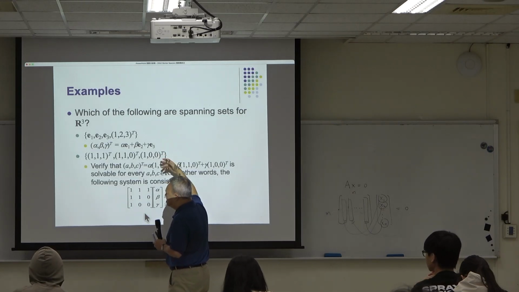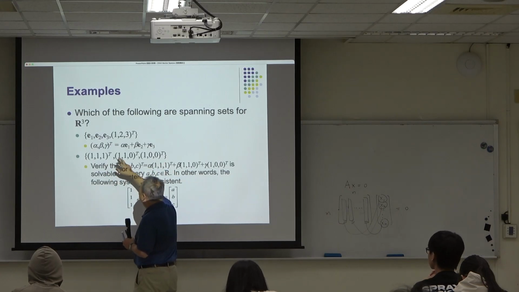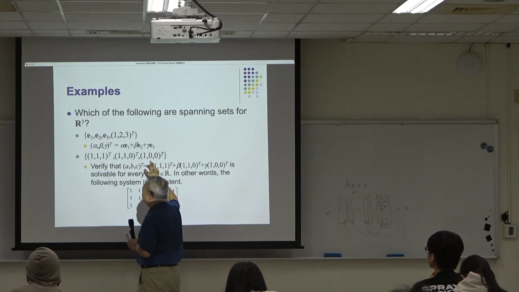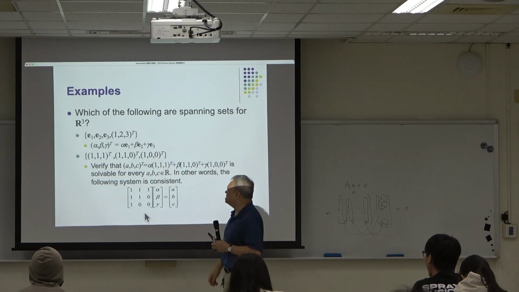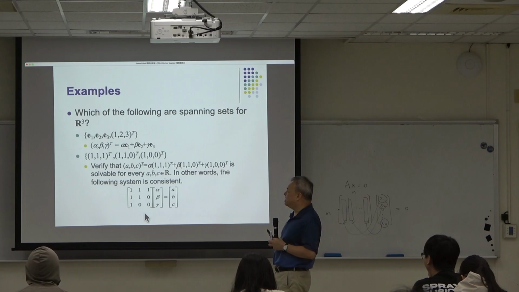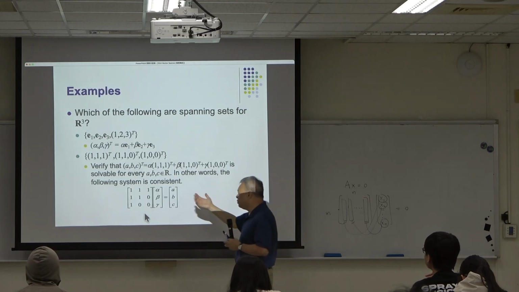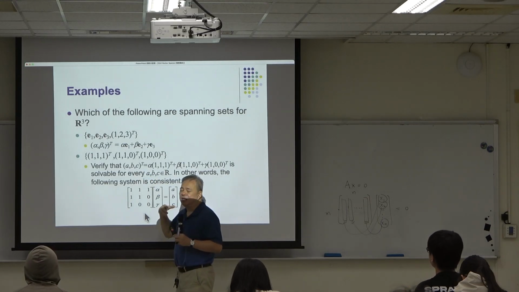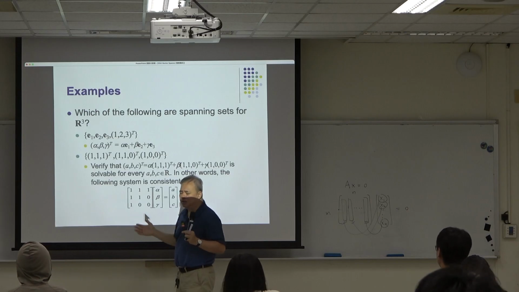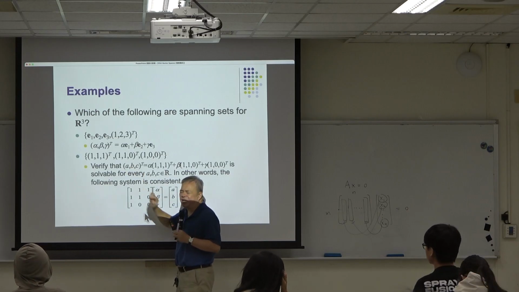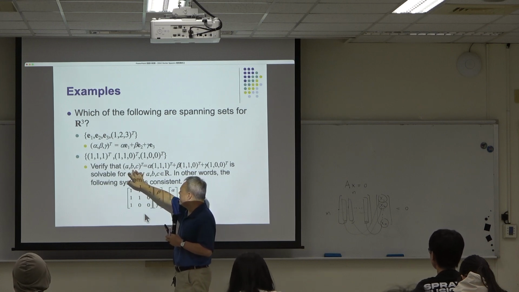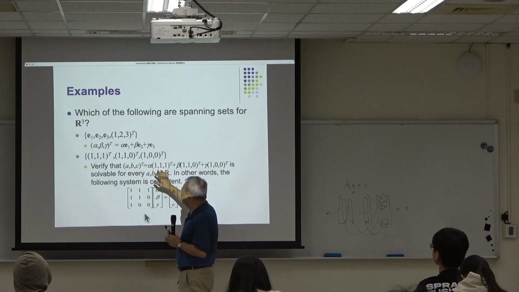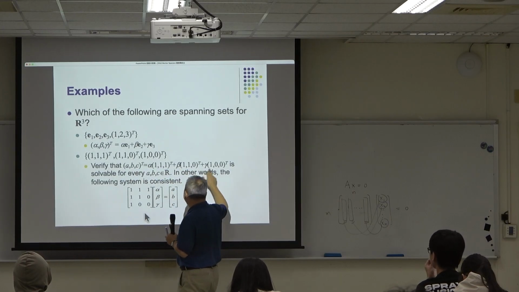And then the other one: 1, 1, 1; 1, 1, 0; 1, 0, 0. For this one, you need to verify whether a, b, c can be spanned, where a, b, and c are 3 arbitrary numbers. So this pretty much represents an arbitrary vector in R3. We want to see if it can be spanned by these 3 vectors.